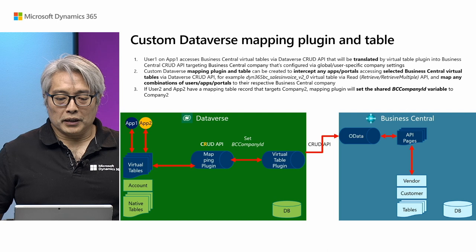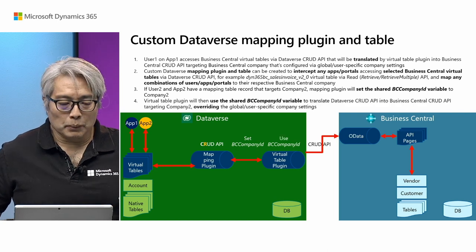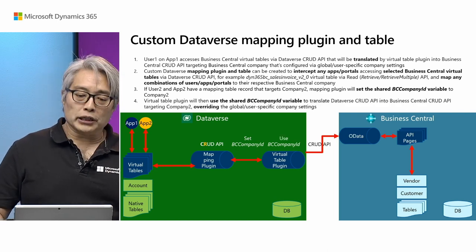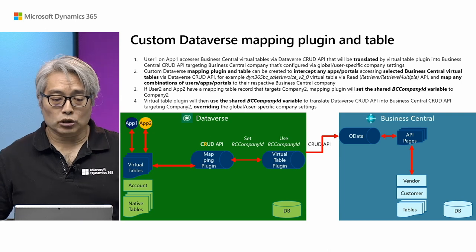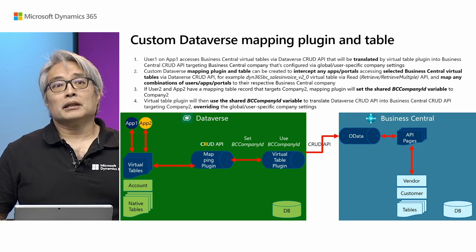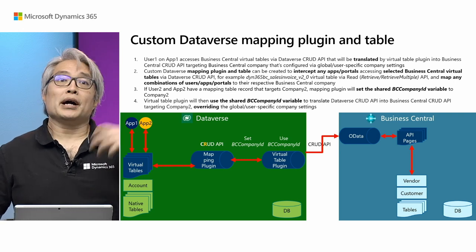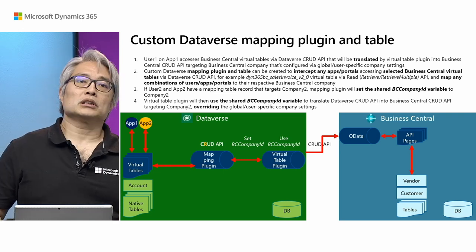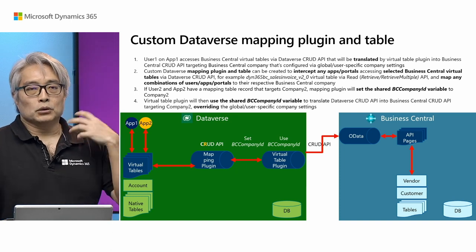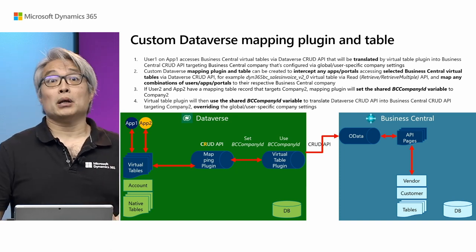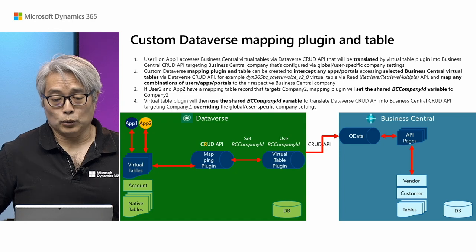When the virtual table plugin picks it up, it will use the shared BC company ID variable set to company 2 to translate the Dataverse CRUD API into the Business Central CRUD API, overriding the global and user-specific company settings. So now you know how the mapping plugin and mapping table work.